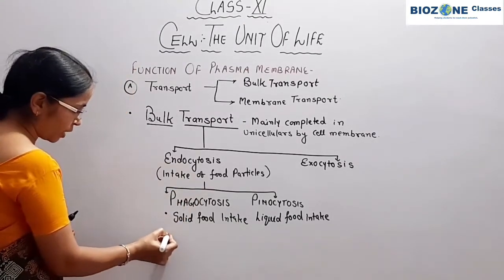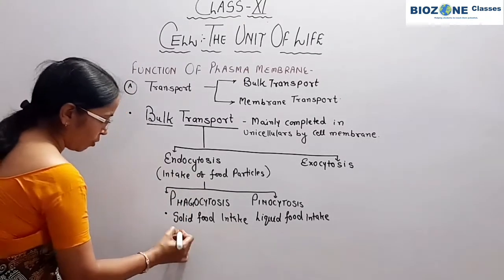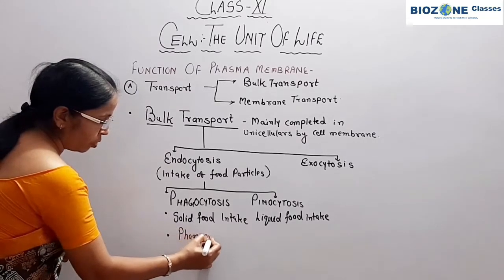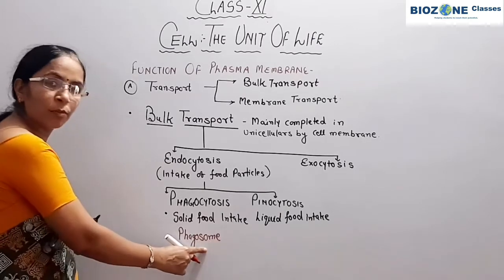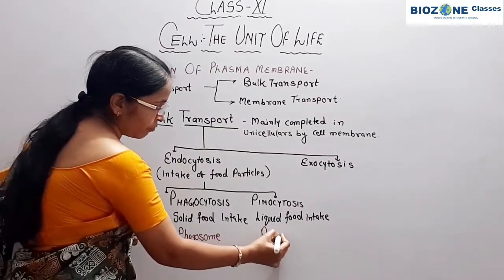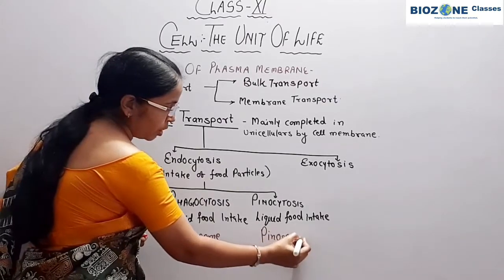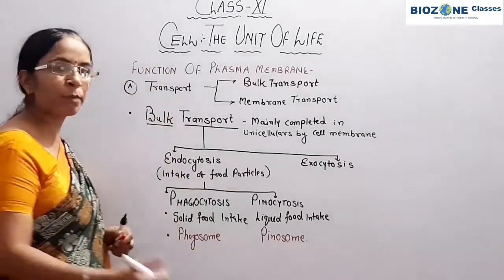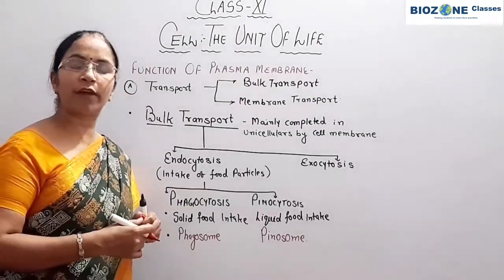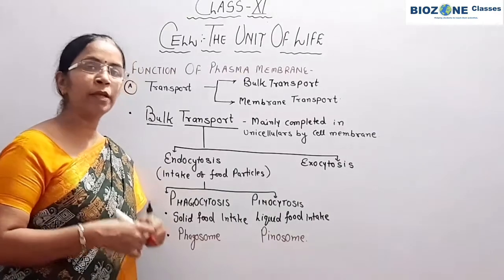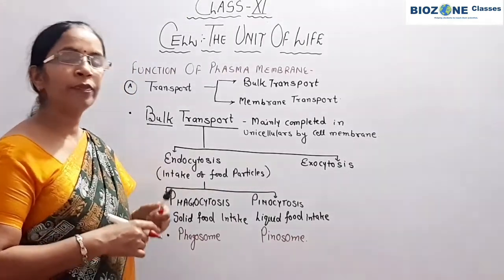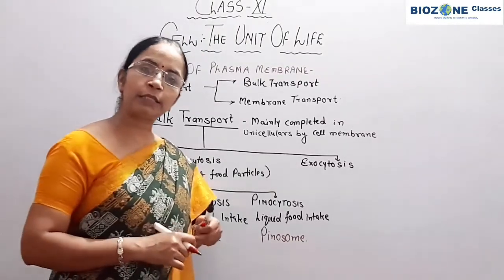Now upon phagocytosis, food vacuoles are formed. Those food vacuoles are called phagosomes. So a phagosome is a food vacuole, whereas in pinocytosis the food vacuole is called a pinosome. So this part you remember. When the food enters in the form of phagosome or pinosome, that food undergoes the process of digestion, absorption and assimilation.